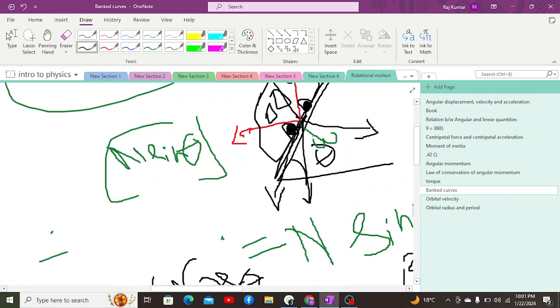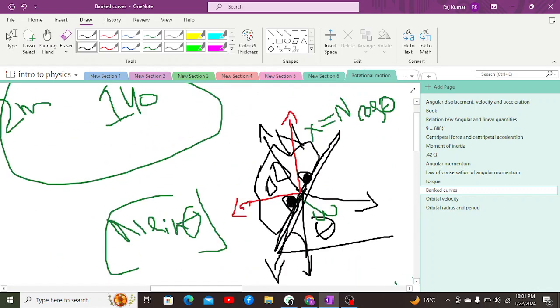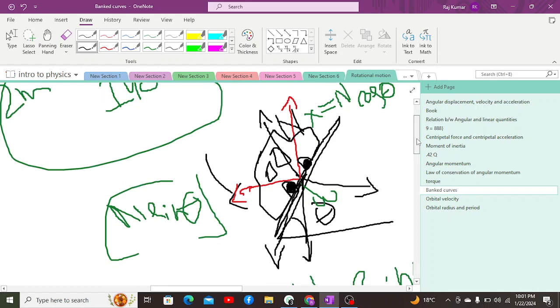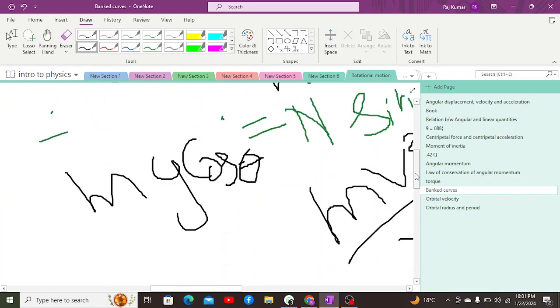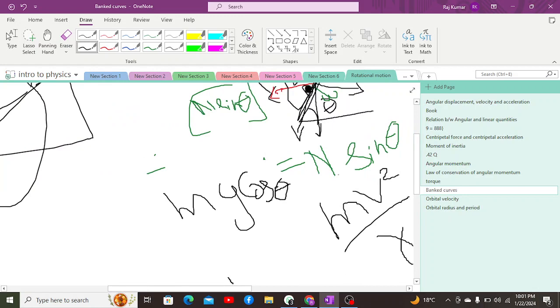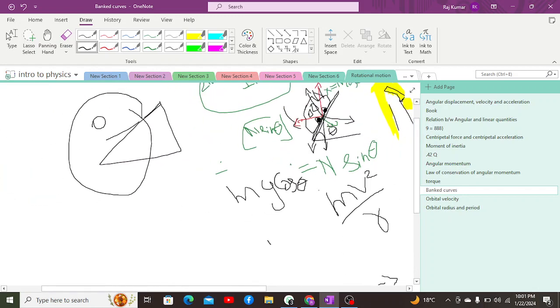One more thing I forgot to tell: the horizontal component cancels the horizontal component, but the vertical component, N sine theta, will be acting as a centripetal force, which will be directing the car towards the center of the curve. So this would be considered a centripetal force.